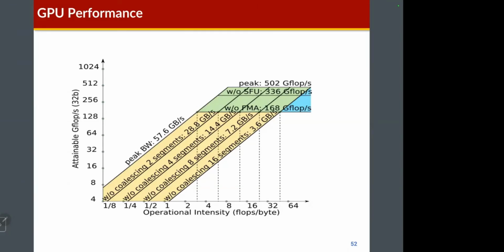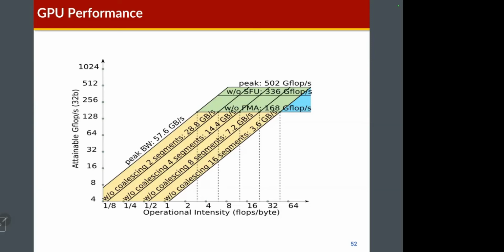As I explained, the slope of the roofline model is determined by the performance of the GPU memory system, and memory coalescing is an architectural technique, so with memory coalescing the performance of the GPU can be improved.